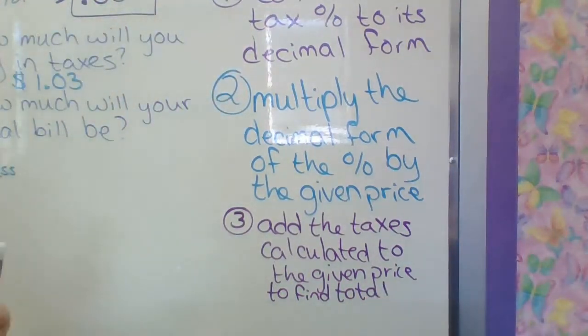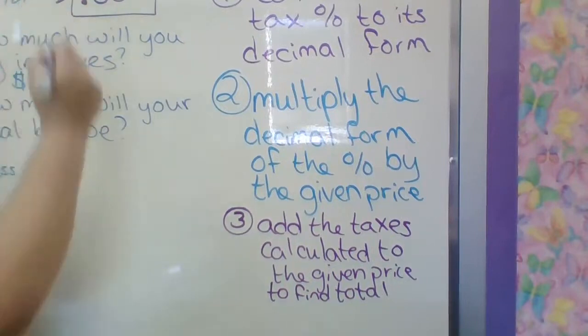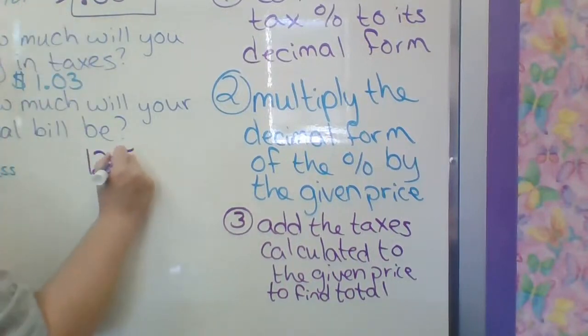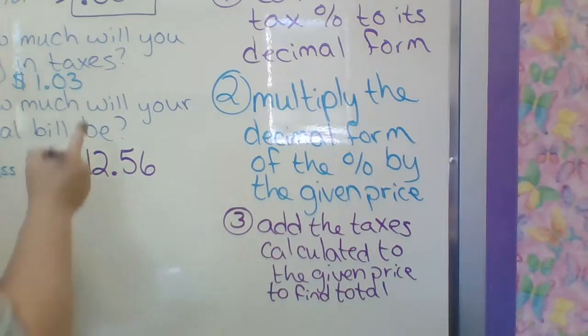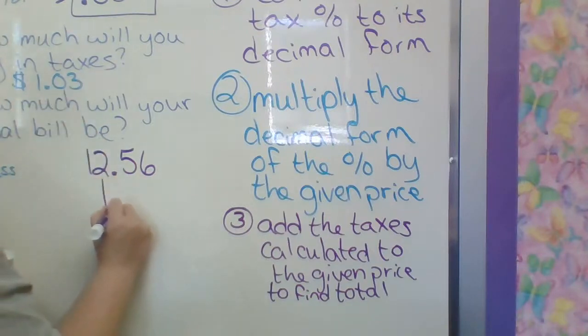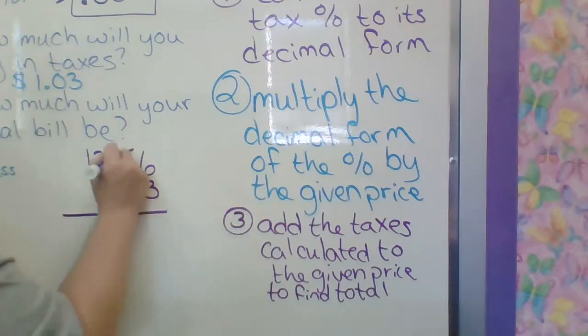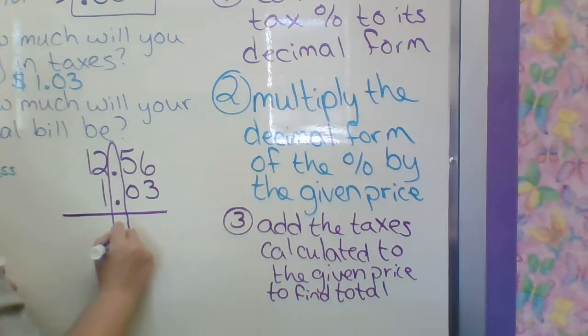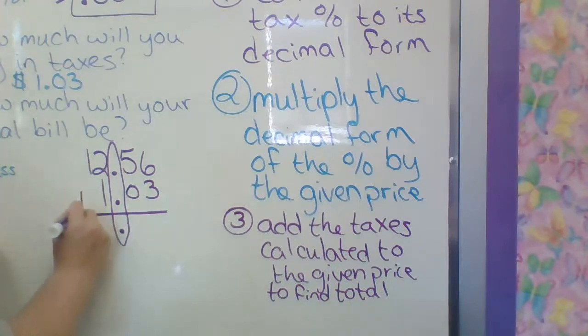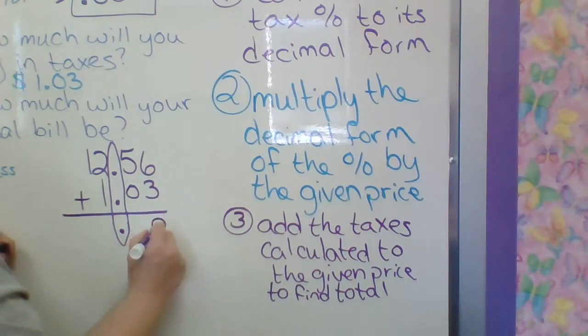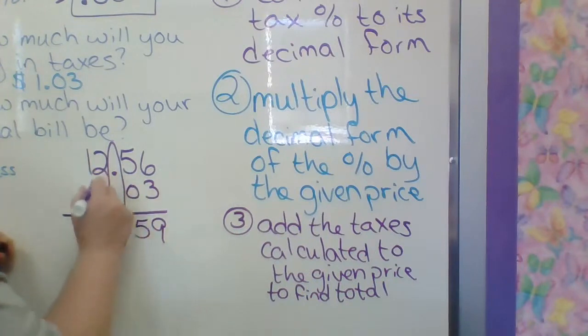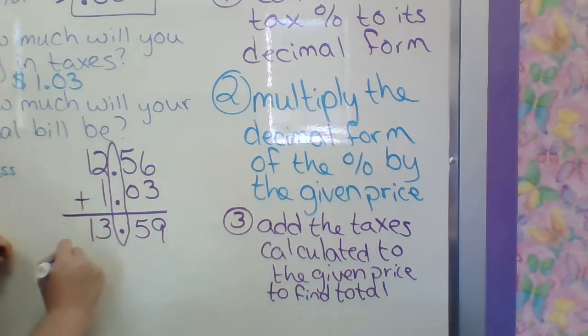That's the last thing that we're going to do. So I'm going to take the $12.56 and add the 1.03. Now remember, when you're adding decimals, we have to line up our decimals in a straight line. So I'm going to bring that decimal straight down. 6 plus 3 is 9. 5 plus 0 is 5. 2 plus 1 is 3. 1 plus nothing is 1. So my final price that I will pay for those groceries is $13.59.